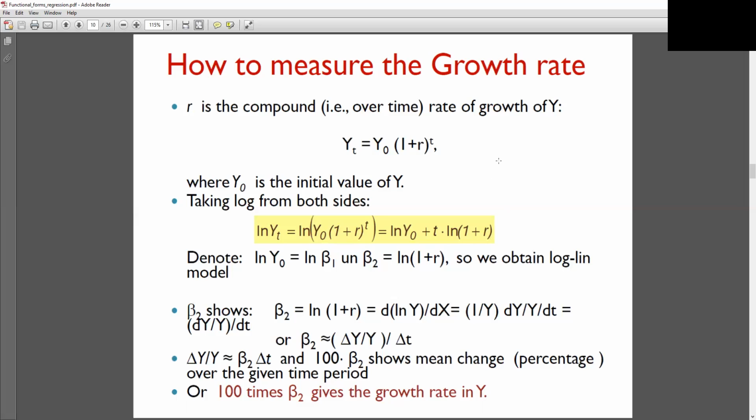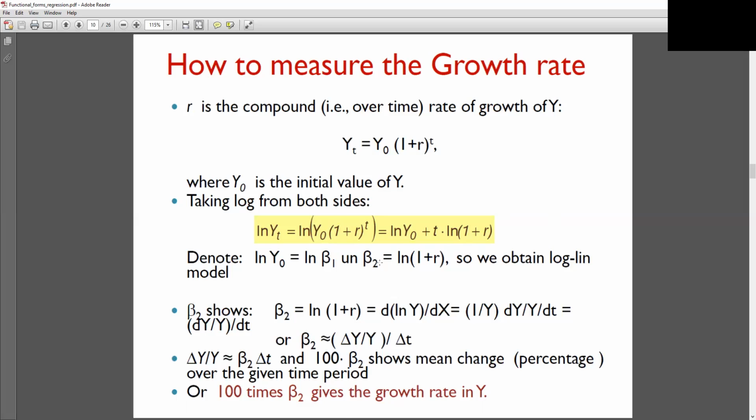Then you're transforming only the y variable, that is, you're taking log of y, keeping x as such. Then you can use your Excel. In data analysis, you have a regression package. You can introduce the y variable as well as the x variable. When you regress, you'll be getting the slope coefficient, beta 2.